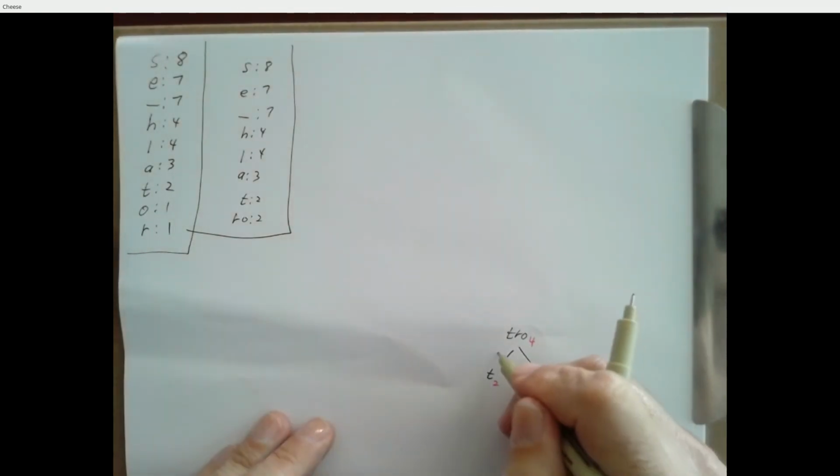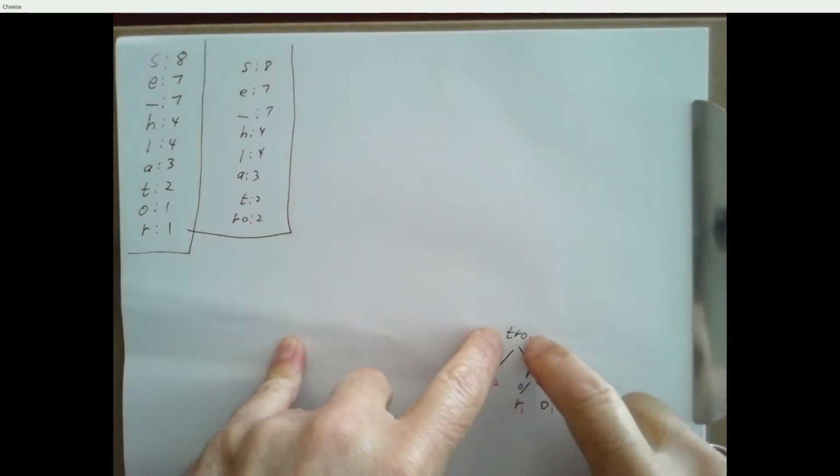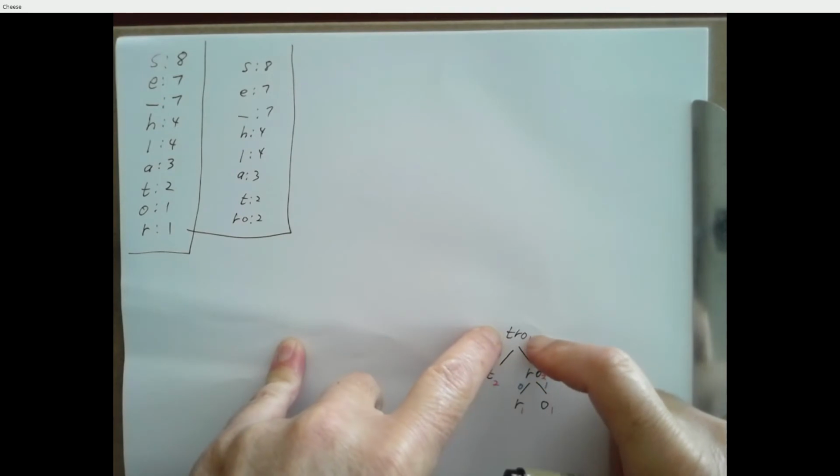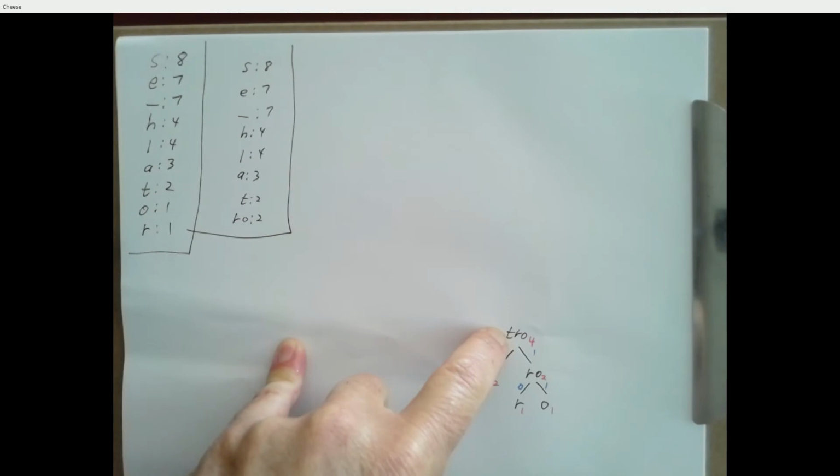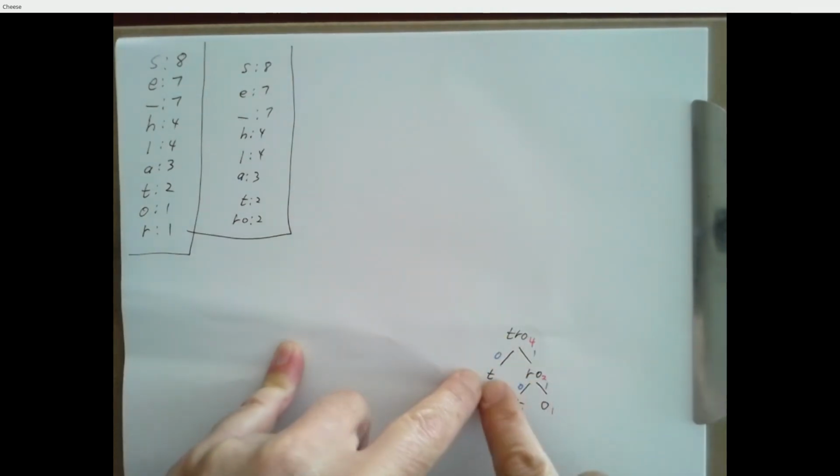And again, we'll label this branch 0 and this branch 1. Okay, so why are we doing this? Because eventually we're going to come up with a coding for anything that's a T, an R, or an O, and it's going to have the same coding up to this point. But if we want to code the symbol T, we're going to take the coding up to this point and add a 0 at the end.